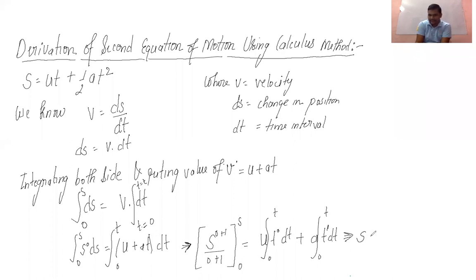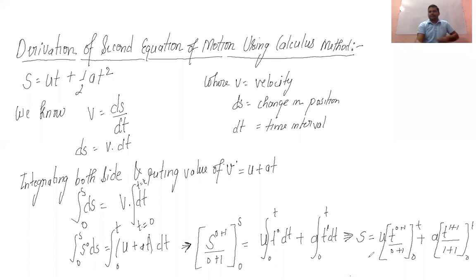If you integrate here, it will be u t to the power 0 plus 1 upon 0 plus 1, with the limit 0 to t, plus a t to the power 1 plus 1 upon 1 plus 1, with the limit 0 to t.